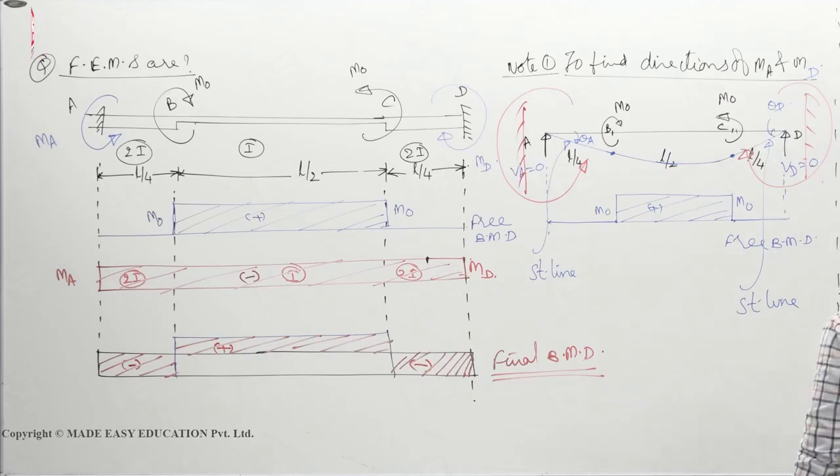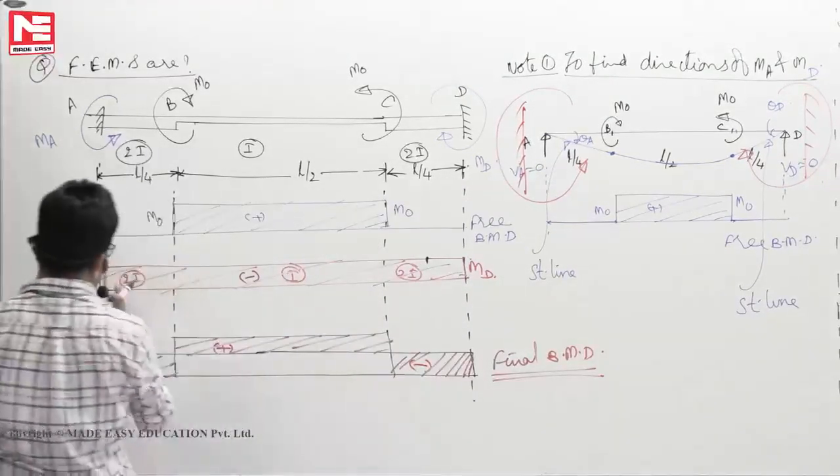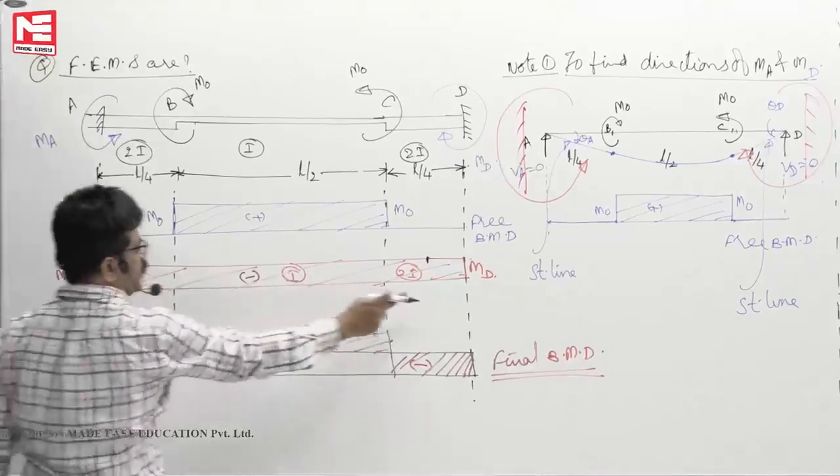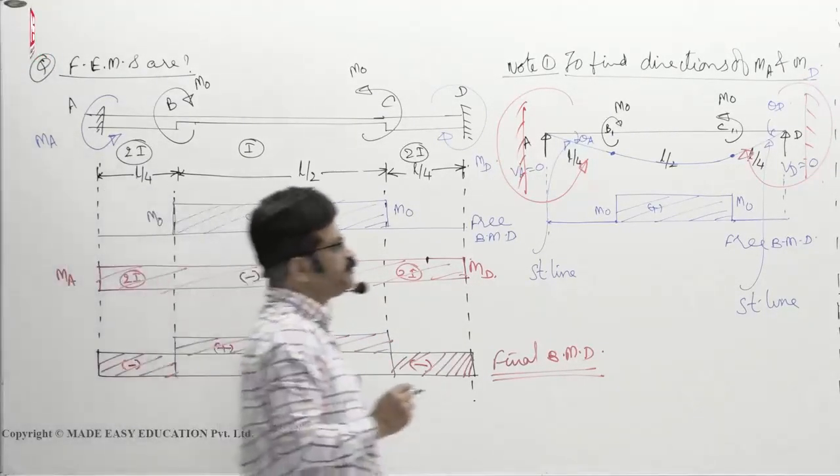So positive area, M0 into L by 2, this is the positive area, divided by EI, must be equal to the negative area. The negative area is split into two rectangles, MA into L by 4, MA into L by 4, by E into I, meaning 2I.